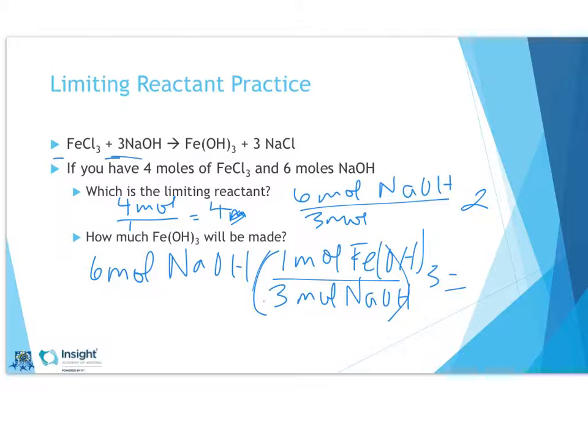So that is going to give me 2 moles, because it's 6 times 1 divided by 3, of FeOH3. So again, just to double check, I did appropriately set things up so that my moles of NaOH canceled out.